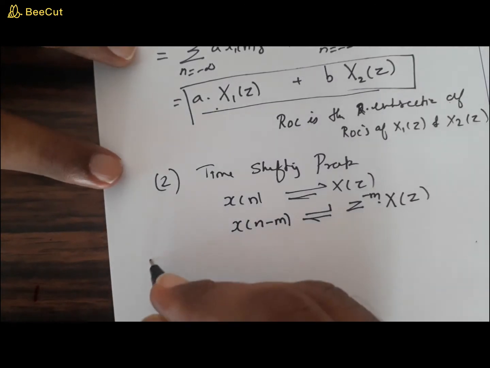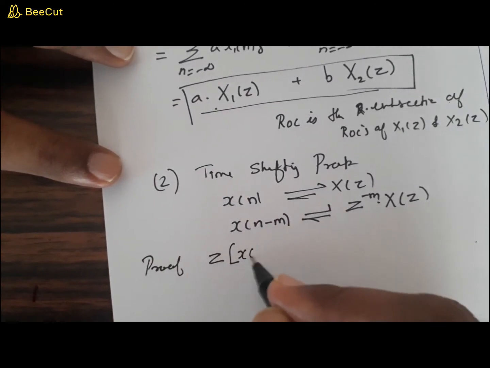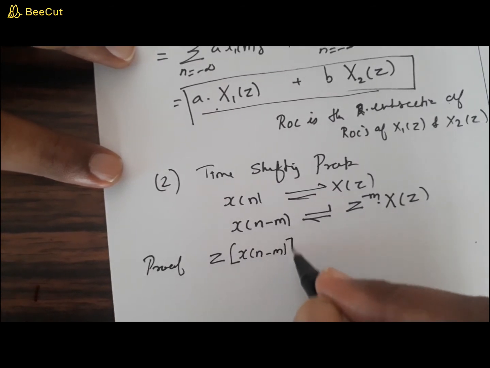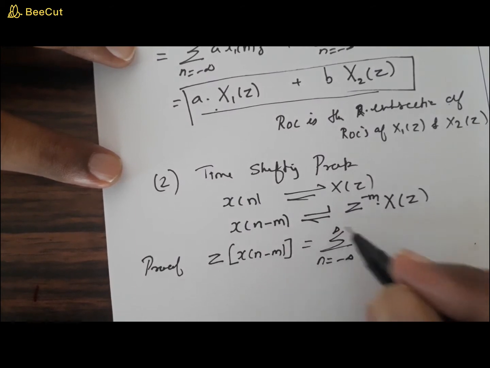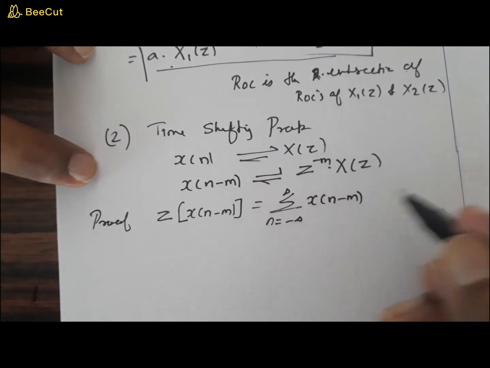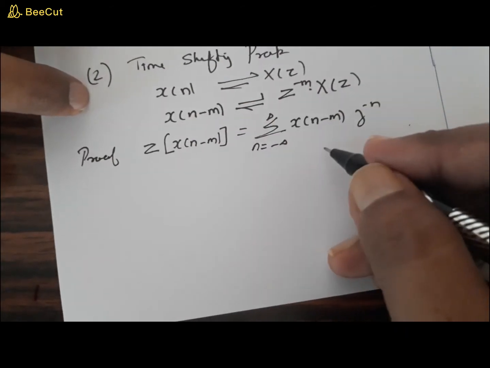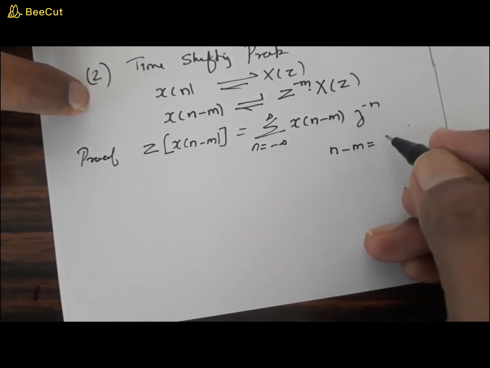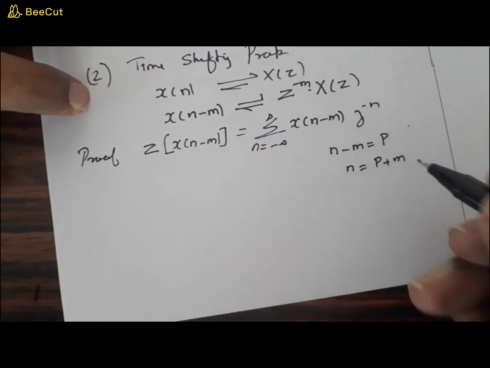You just need to prove it. The Z transform of x[n-m] will be equal to sigma n equals minus infinity to plus infinity x[n-m] z^(-n), right? Now put n-m equal to p, so that n becomes equal to p+m.